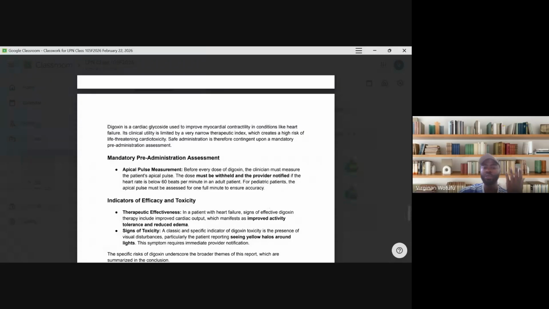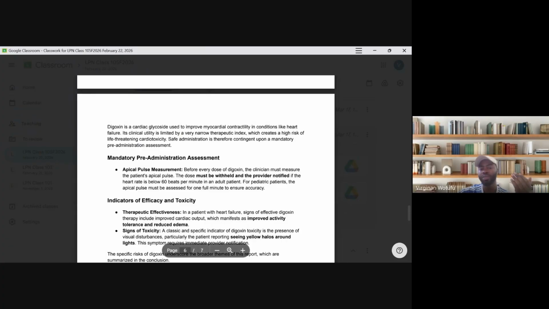So if there's an improvement, what do you check? If it's achieving its desired effects, you obviously see improved activity tolerance. Okay, the patient might be able to walk one or two flights of stairs. Good. Reduced edema, like the heart is pumping well, right? There's recirculation. Those are indications of efficacy of the medication.